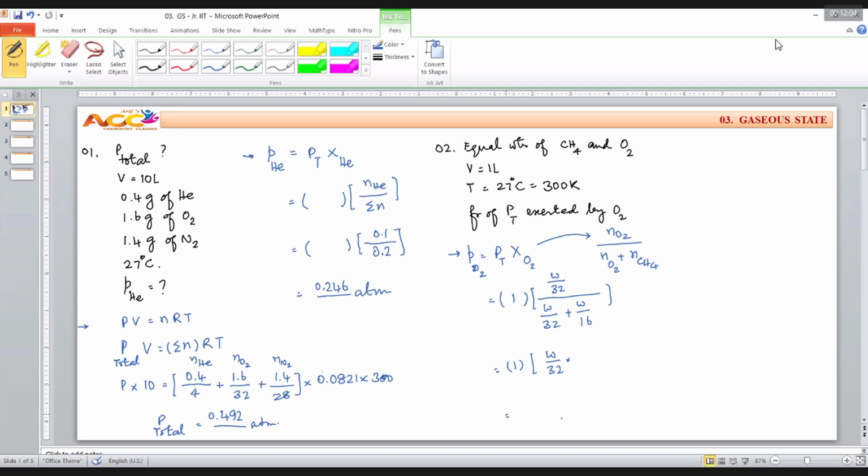I hope it is something in terms of 1 by 3. Yes, it should be 1 by 3 because it is half plus 1, 3 by 2, and that will be cancelled. One by 3, correct?